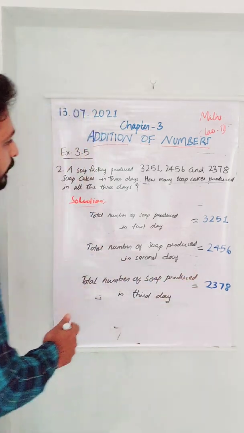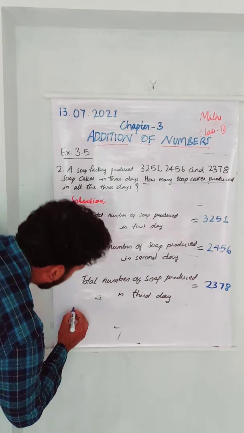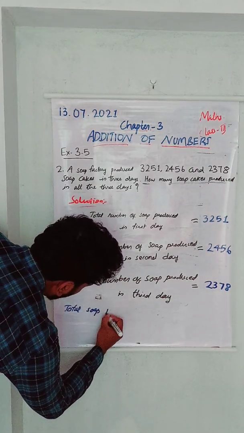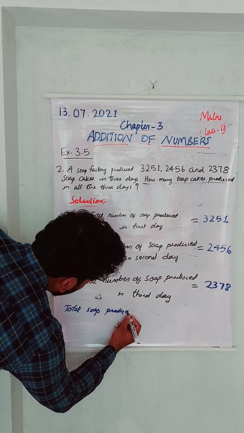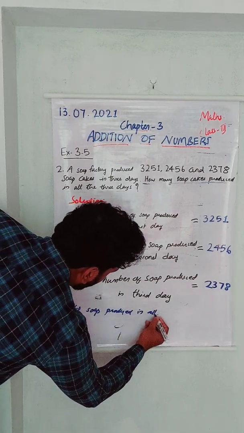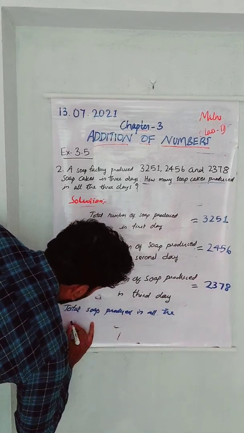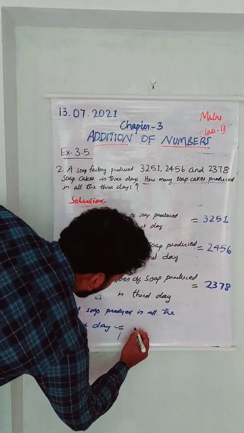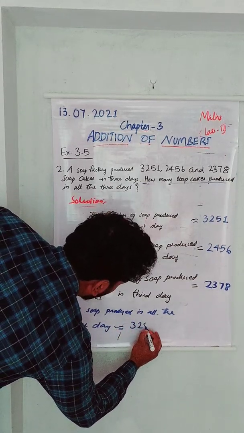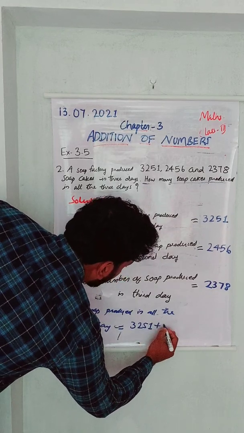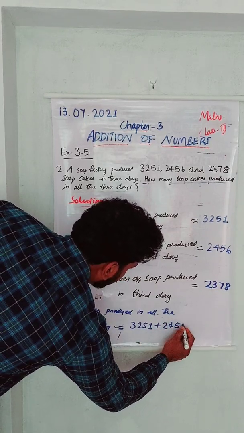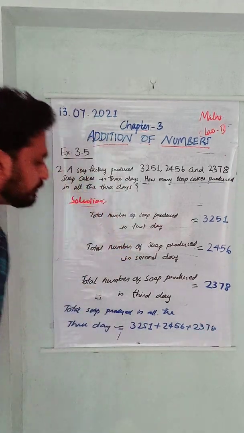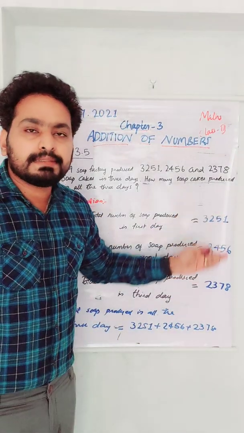So write total soap produced in all the 3 days. That is equal to 3,251 plus 2,456 plus 2,378. So for this, we have to add these 3 numbers.